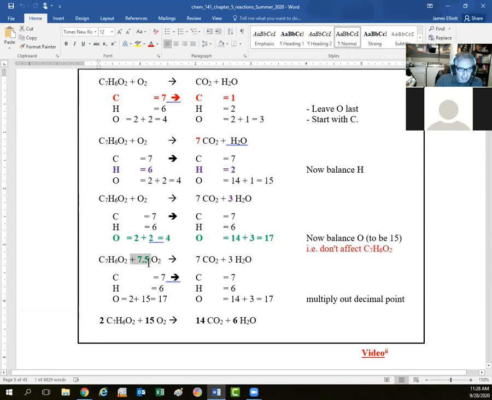Instead of 7.5, we've got double, 15. Instead of 7, we've got 14. Instead of 3, we've got 6. We can't leave that fraction in a final answer, so everything gets doubled up, because this is a balanced equation at this point.